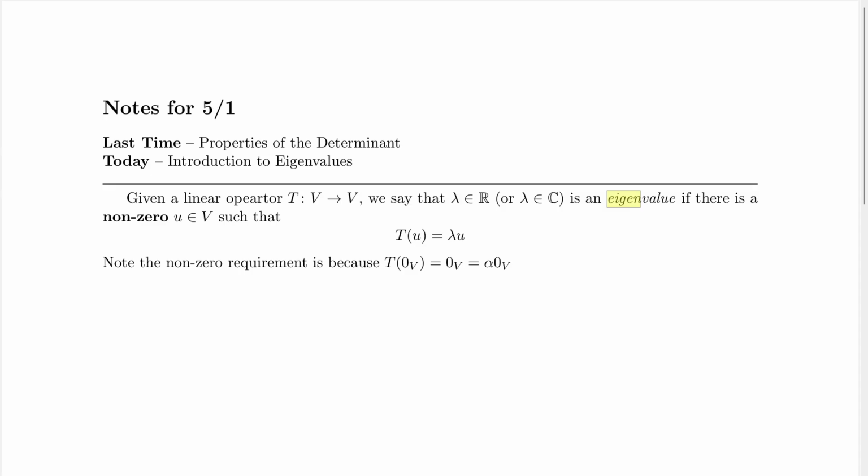Primarily, we are going to be interested in the situation of matrices. However, we've defined these for linear operators. So we'll get a traditional example of matrices, and then we'll look at some more fun ones with linear operators. All right. So let's start off with a matrix example.